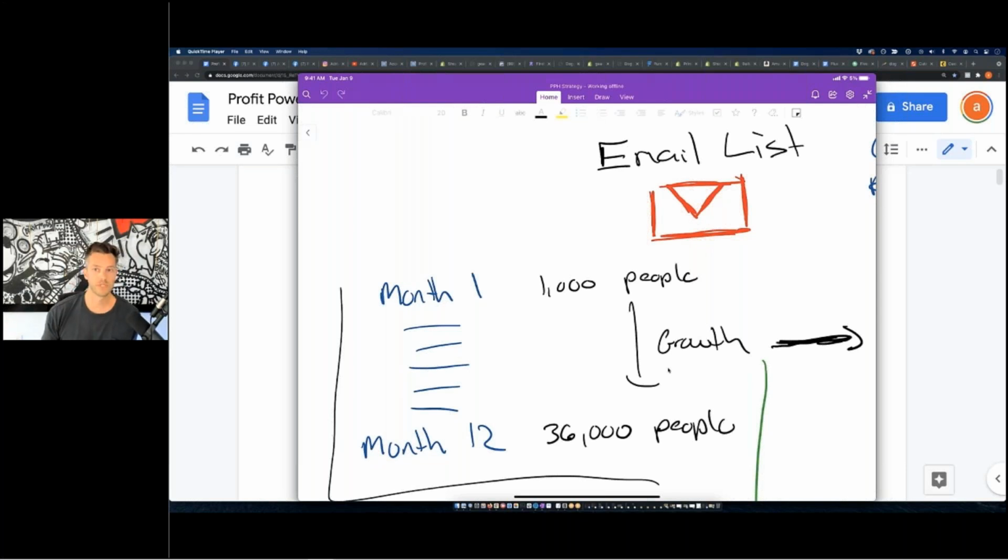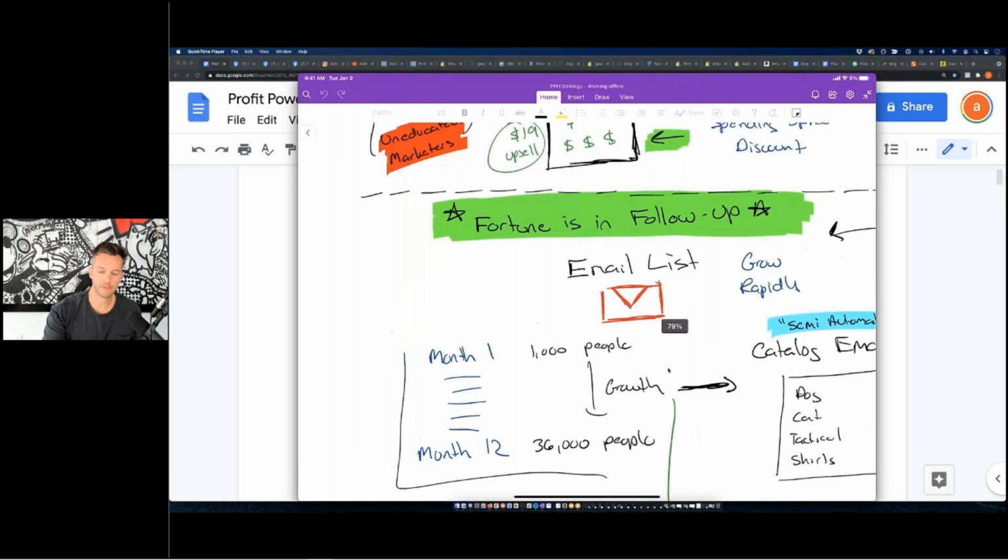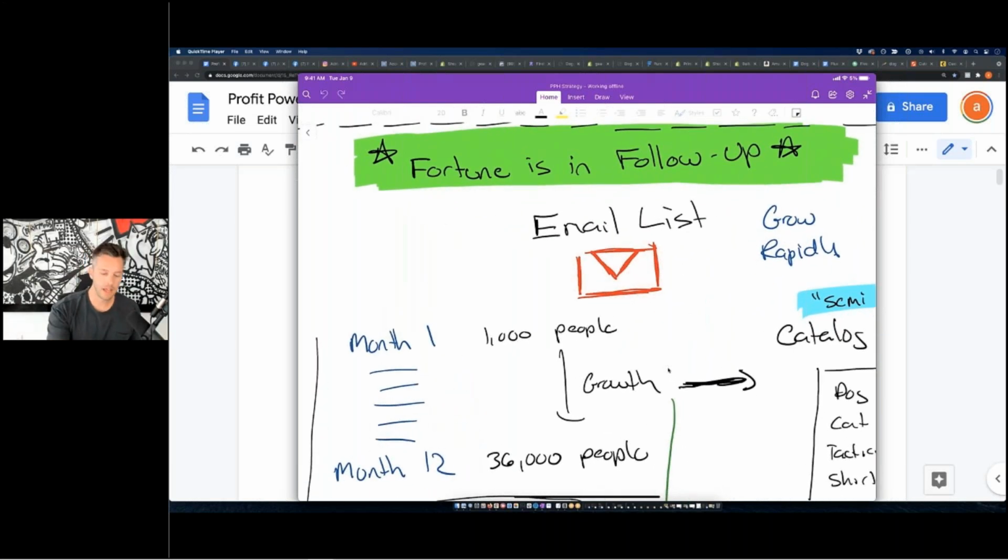None of those other platforms allow you to build the most valuable piece of the e-commerce and entrepreneur puzzle online, which is an email list. Now, a lot of people don't talk about email because, if I'm being honest, email is boring. It is the most boring yet most profitable piece of the puzzle. And that's why I always say the fortune is in the follow-up. Why I love Shopify is Shopify allows us to build naturally and organically an email list. Every person that visits your Shopify store or adds a product to the cart can opt in and become a subscriber, and it just happens naturally.